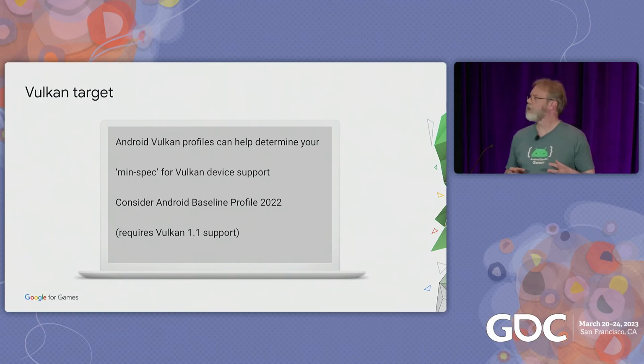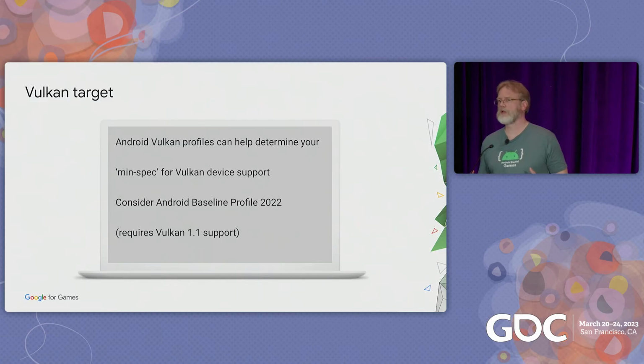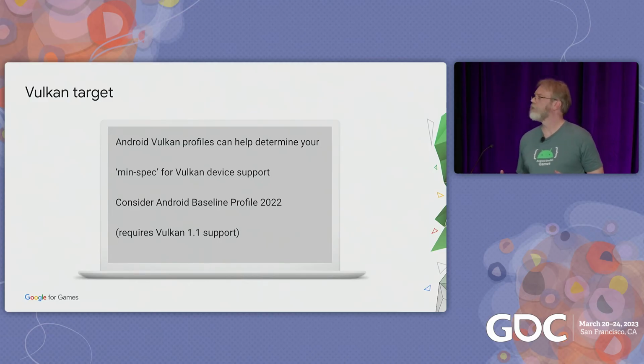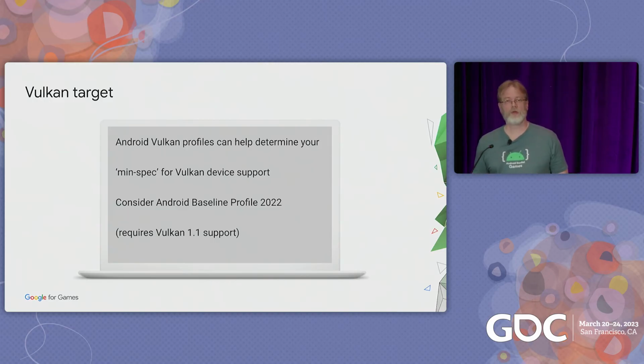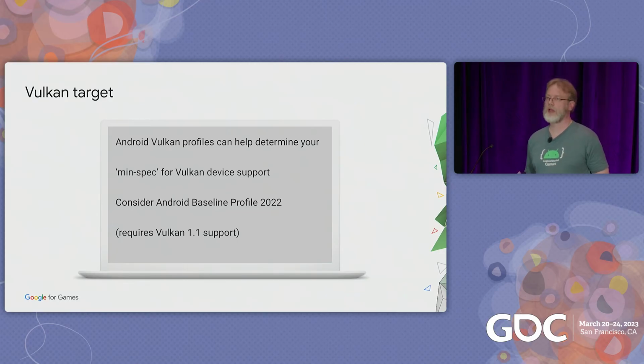So on Android, Google has developed what we call the Android Baseline Profile, which comes in a 2021 and 2022 edition. So if you were starting a Vulkan-only title on Android at this point in time, I would recommend strongly considering the Android Baseline Profile 2022, which includes requiring 1.1 of the core Vulkan API.